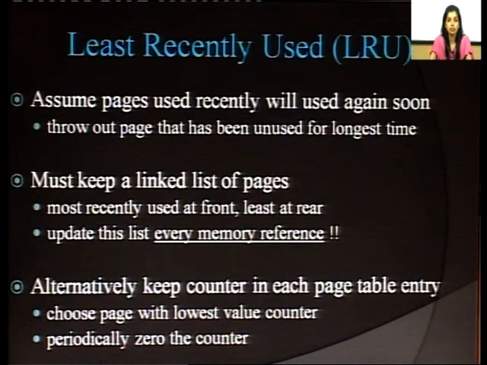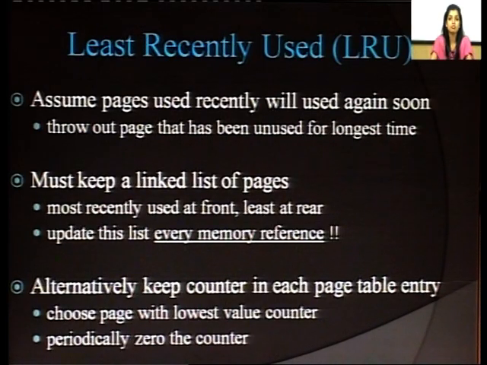Least recently used algorithm. Assume pages used recently will be used again soon. Okay, throw out the page that has been unused for the longest time. Must keep a linked list of pages, most recently used at front, least at rear.